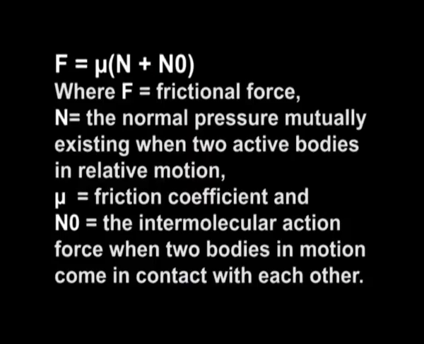The frictional force of fibers can be determined using the formula F equals mu into N plus N0, where F is equal to frictional force, N equals the normal pressure mutually existing when two active bodies are in relative motion, mu equals the friction coefficient, and N0 is the intermolecular action force when two bodies in motion come in contact with each other. Number 1.